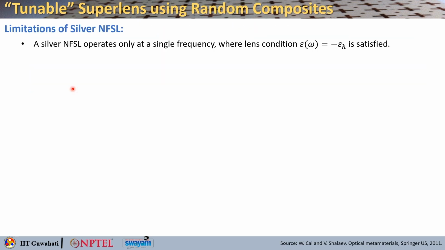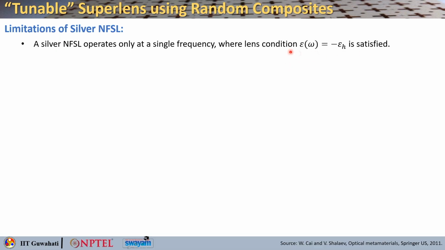Right. So, let us discuss the limitations of the silver near field super lens. A silver near field super lens basically operates at a single frequency, where the lens condition, that is, the permittivity of the silver being equal to minus the permittivity of the host, is satisfied.